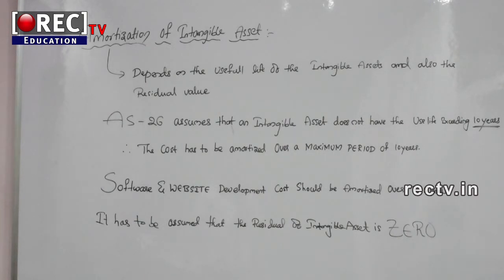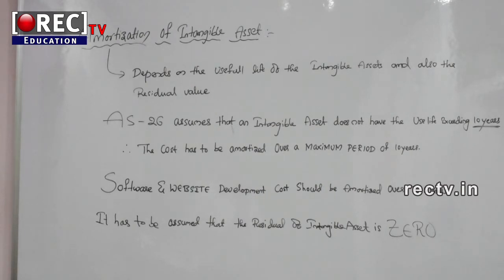For example, take a telecom license from the Government of India for a period of 20 years. Here it exceeds 10 years, so it is amortized to the P&L account over 20 years.